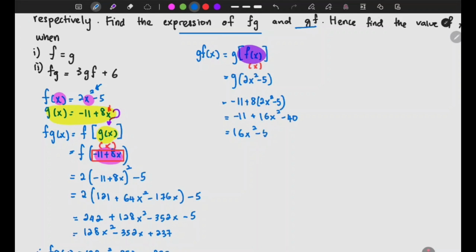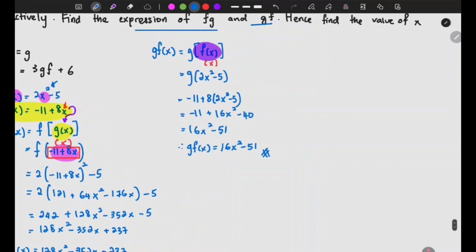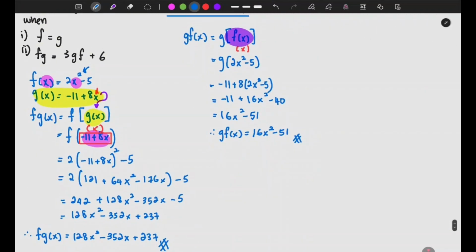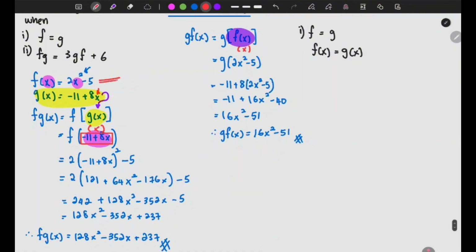And then they asked us to find the value of x when f is equal to g. What does that mean? When they say f equals g, it means f(x) equals g(x). So what's your f(x)? 2x squared minus 5. That's here. Oh my bad. 2x squared minus 5, and g(x) is negative 11 plus 8x.